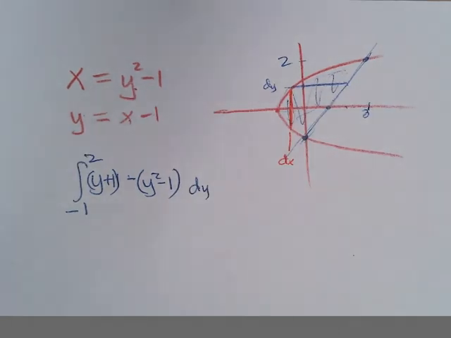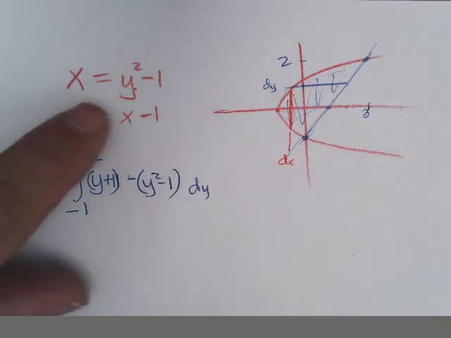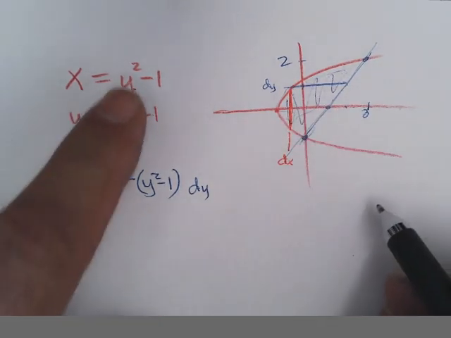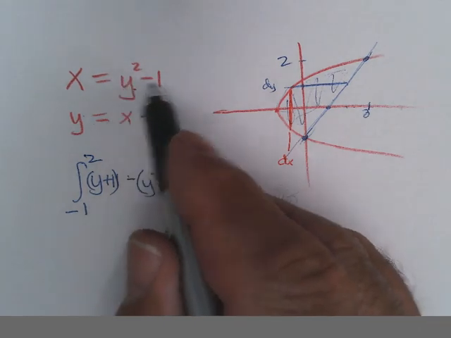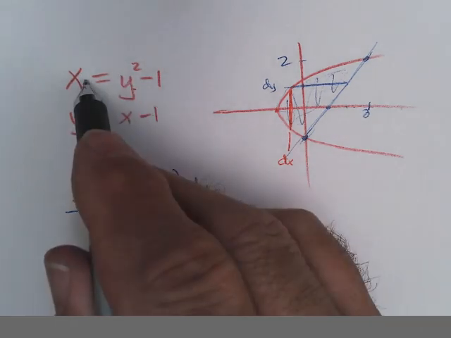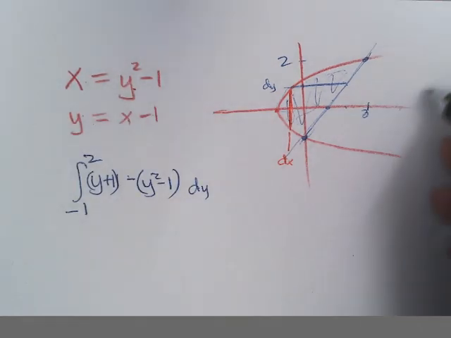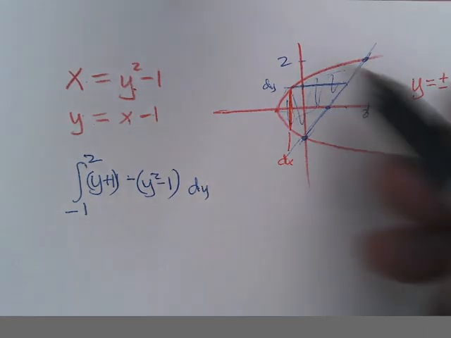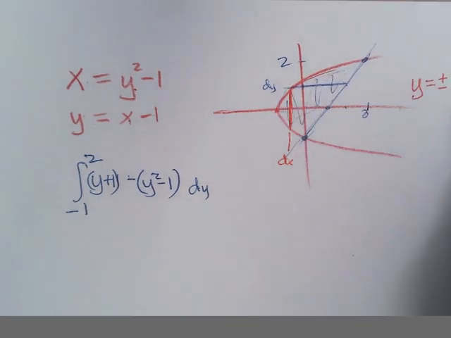How do we get two curves from the same equation? Well, we need to solve for y. So if I take this equation and solve for y by adding 1 and taking the square root, I would get y equals plus or minus the square root of x plus 1. This side of the curve is the plus square root of x plus 1. This side is the minus square root of x plus 1.